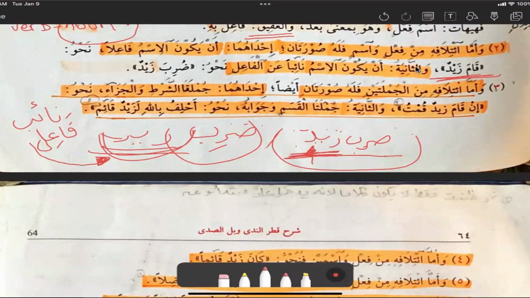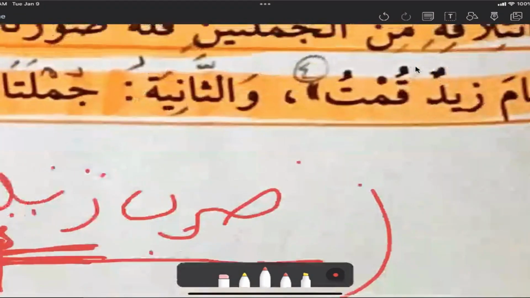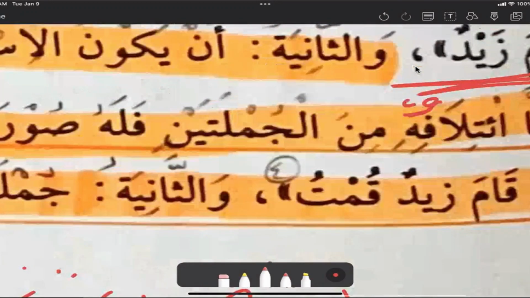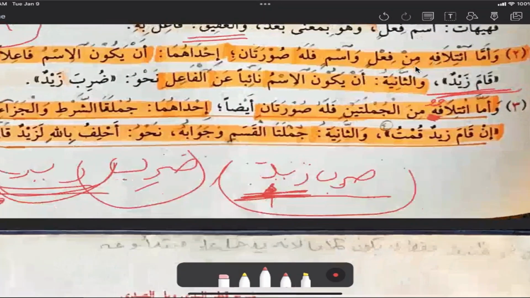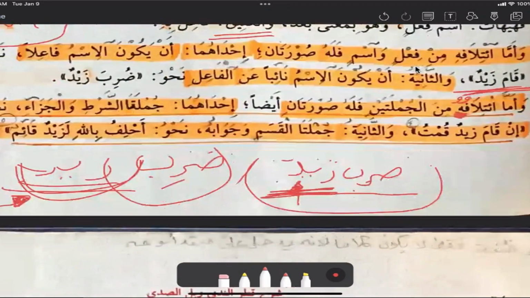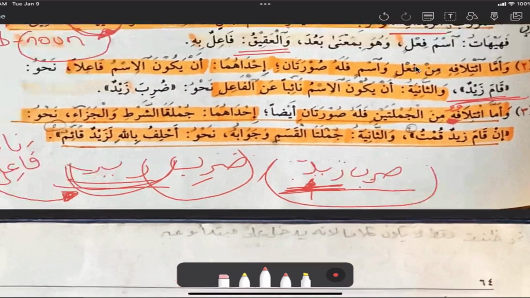وَأَمَّا ائْتِلَافُهُ. Got some horrendous mistakes here. وأما ائتلافه من الجملتين, and as for speech being composed of two clauses, فله صورتان أيضا, that also has two scenarios. إحداهما جملة الشرط والجزاء.